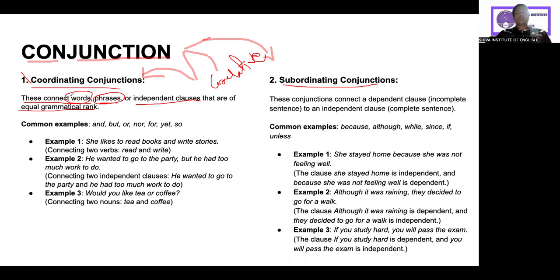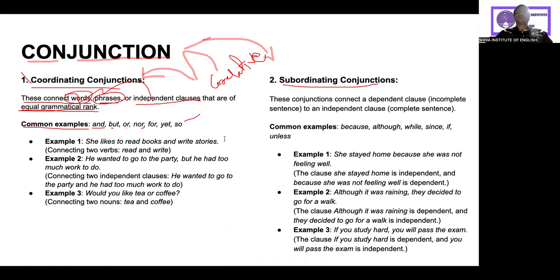Let's talk about some of the common examples: and, but, or, nor, for, yet, and so, isn't it? These are the common examples.